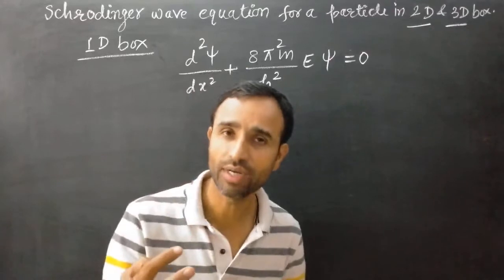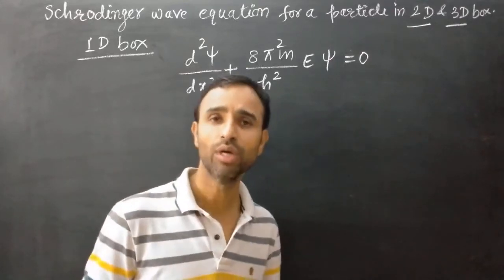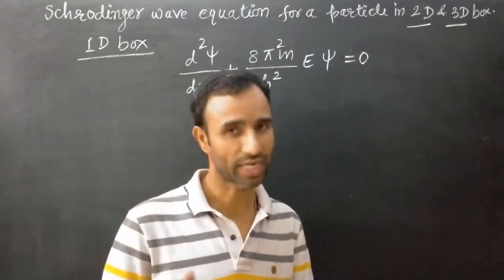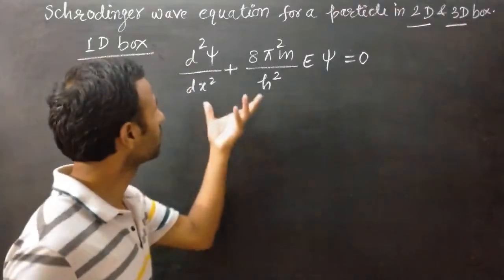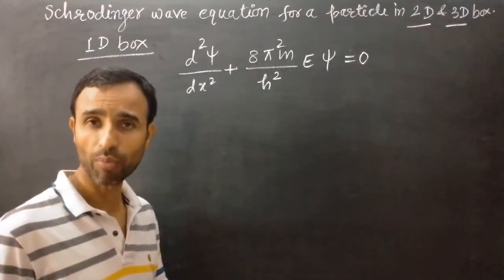Actually it is constant, but for simplifying the equation, we take it as 0, and outside the box it is taken as infinite, right? So this is the Schrodinger wave equation for a particle in 1D box.